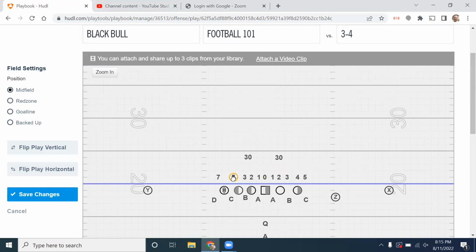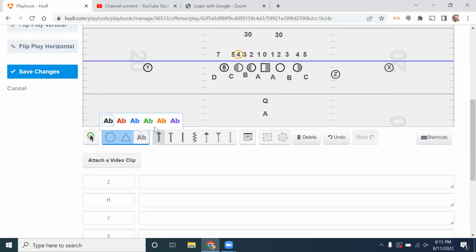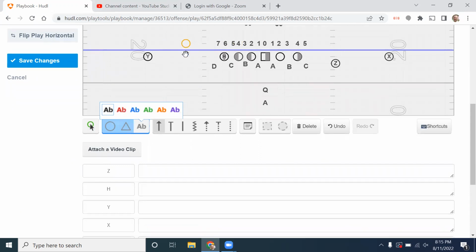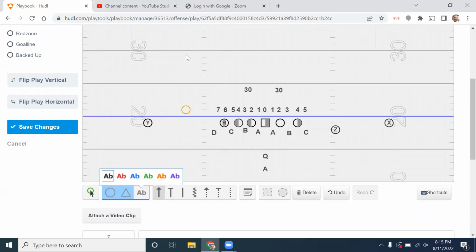And if they were head up on the tight end or the H, that is considered a six technique. So head up techniques are even, gap techniques are odd, and I'll refer to those many times throughout the year, and that's really important to know.